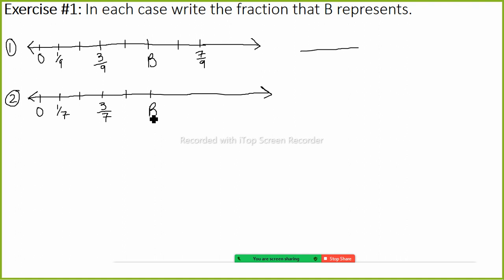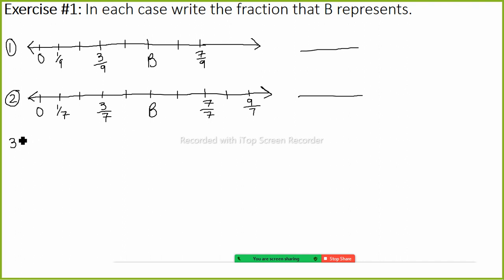This is B. This one is 7 over 7. This one is 9 over 7. So what is the value of B?